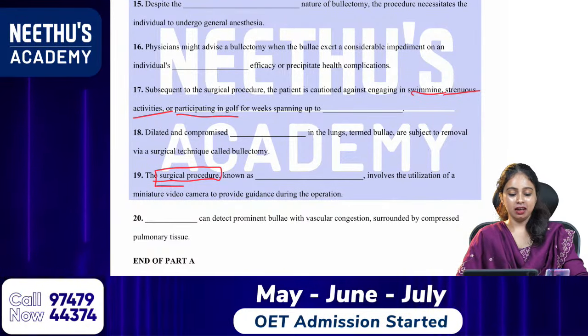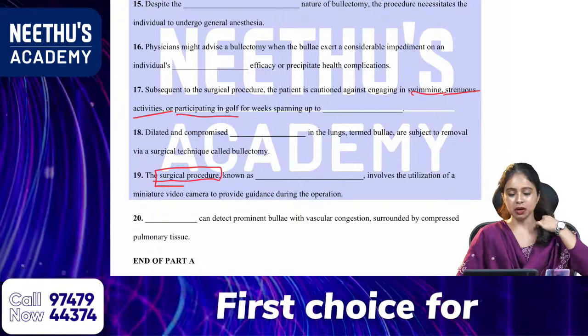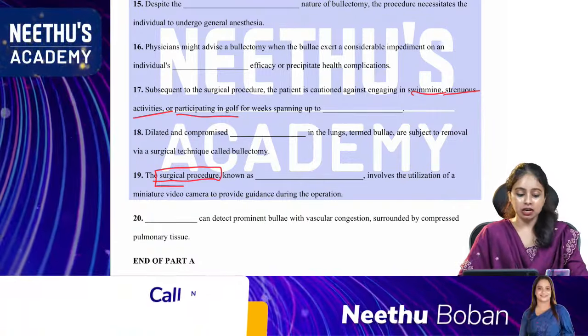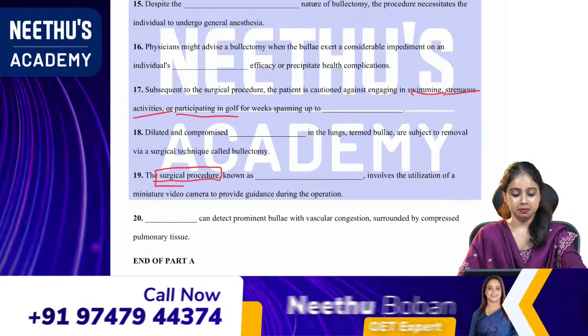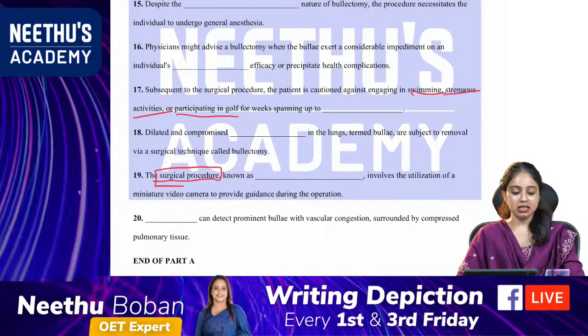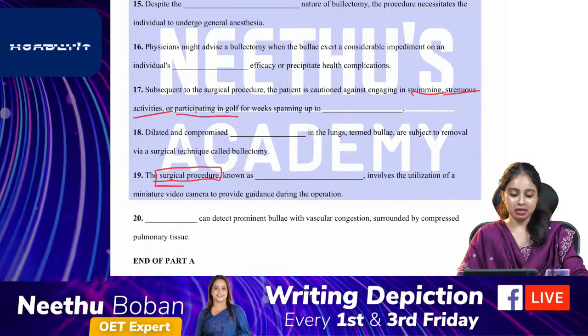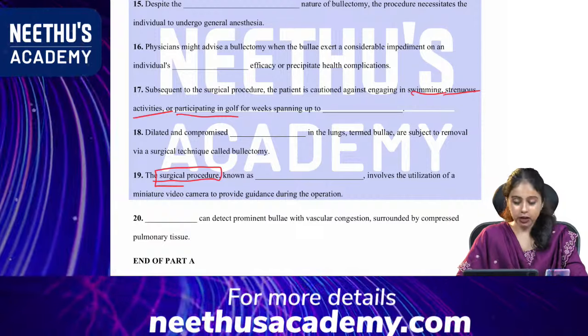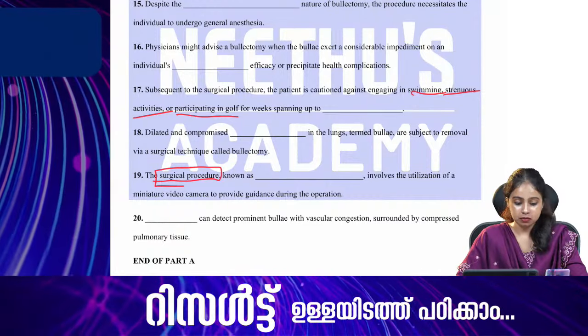Very good. Anyone with 20 out of 20 for part A? 18, very good Shiny, good enough. Okay Jia, what about your marks? Okay, it's okay. I hope it is clear for you.